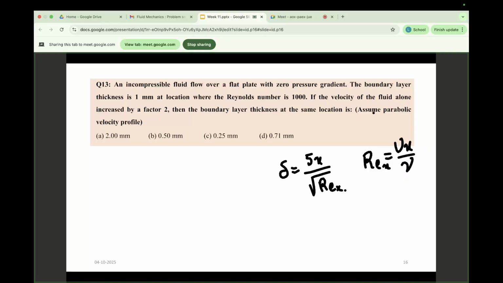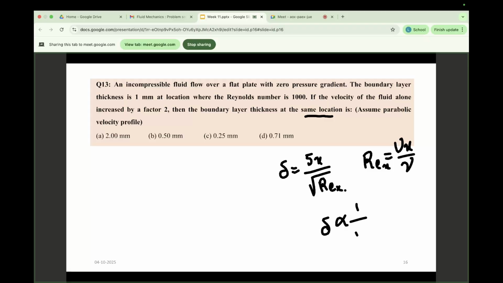The velocity of the fluid, that is the streamline velocity, is changing. The boundary thickness at the same location, that means x is constant.